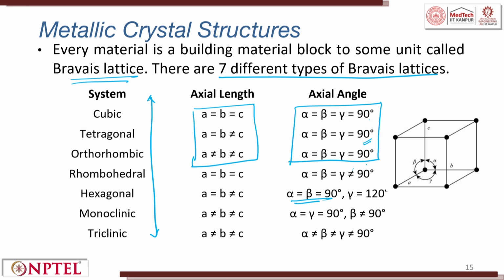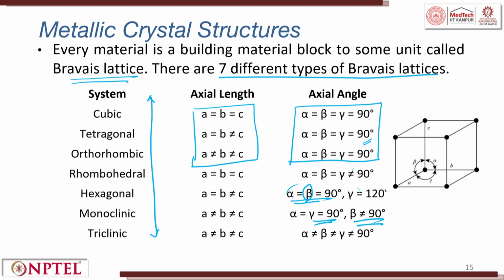We are only trying to say the change in the angle, so it should be 90 or 120. Then when we see monoclinic, alpha equals gamma equals 90, the same as the previous, whereas beta is not equal to 90. So the change is that this one is not equal to 90, but these two are 90.